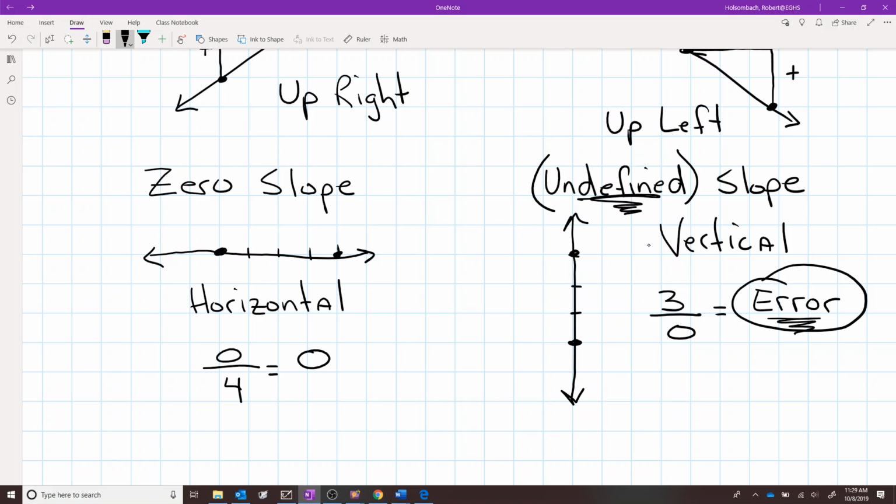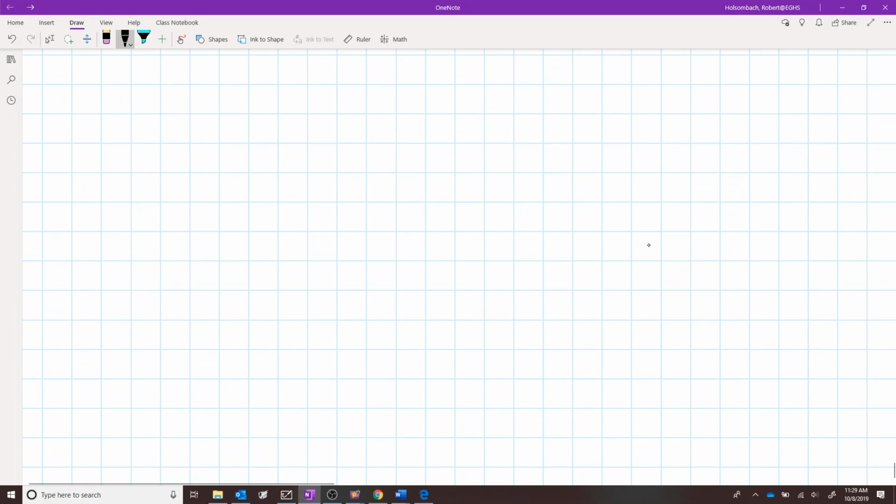All right, top of page 191. Parallel and perpendicular lines. All right, parallel lines. Here's the symbol.